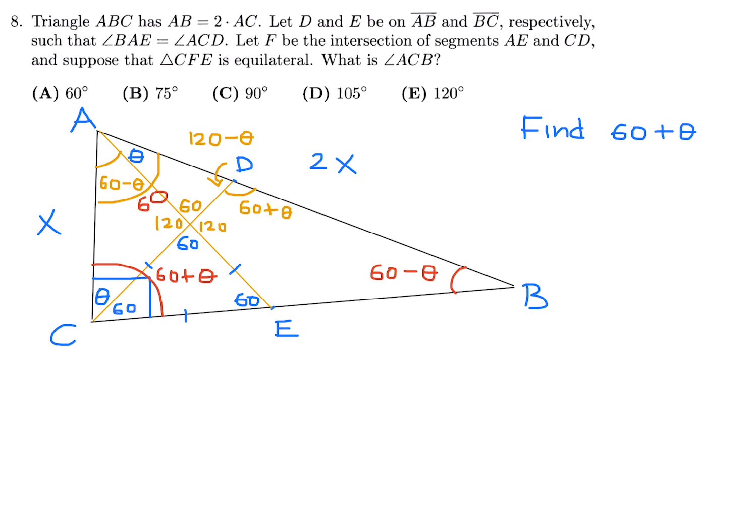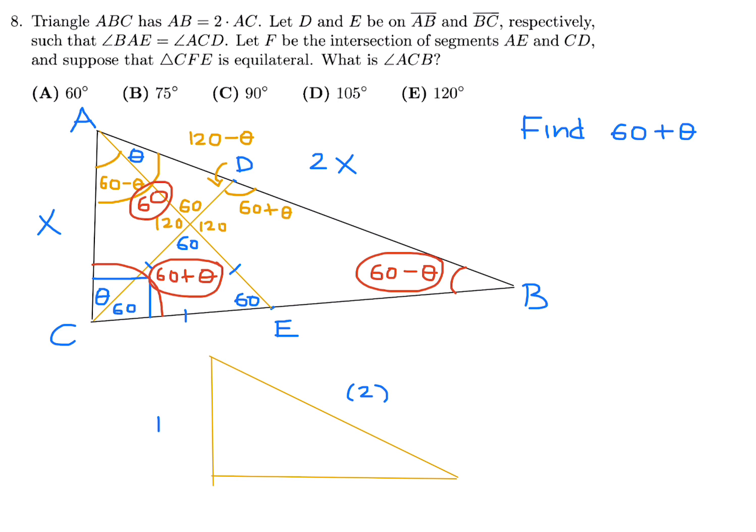But one thing I noticed is that these sides give us a very important clue. You've got a triangle now that has 60, 60 plus theta, and 60 minus theta. And then we know for a fact, if you remember, that if you have any triangle that has side lengths in a ratio of 2, 1, and root 3, then it is a 30-60-90 triangle, where this is 30 and this is 60.